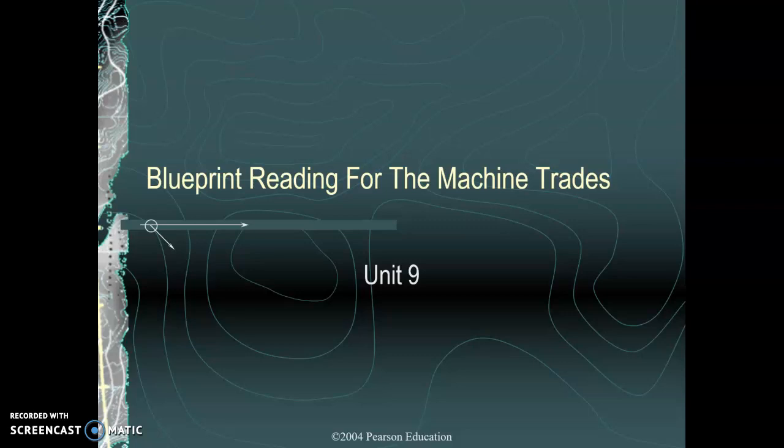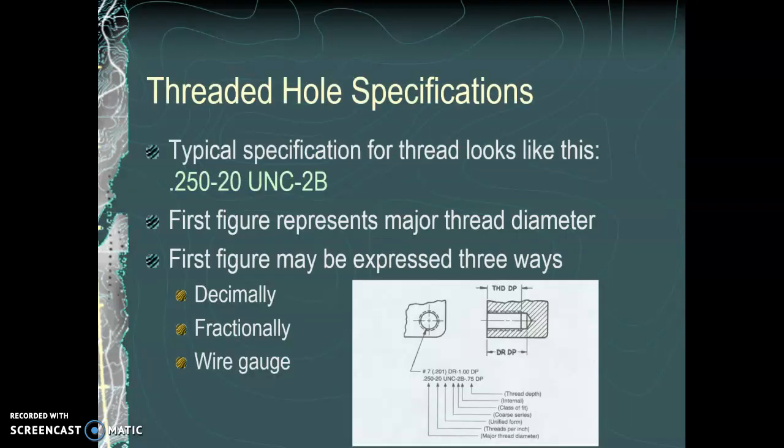We are looking at Unit 9 in the Blueprint Reading textbook, and in this chapter we are going to look at threaded hole specifications. So threads are the grooves inside a hole that fasteners screw into.